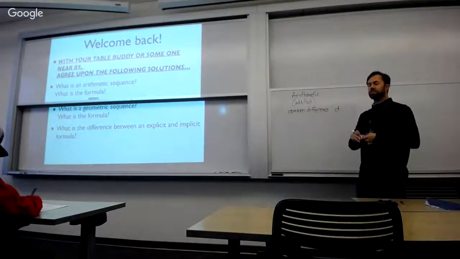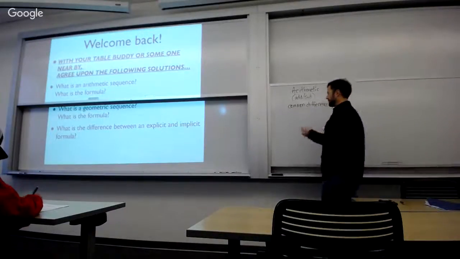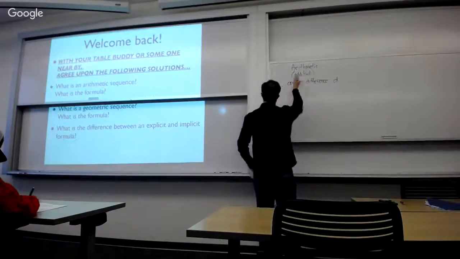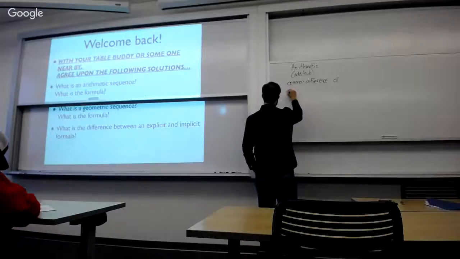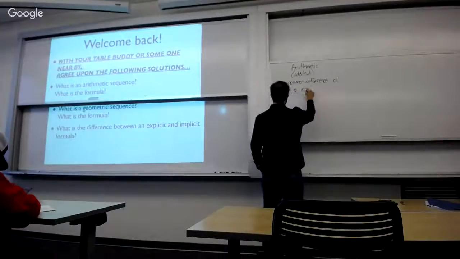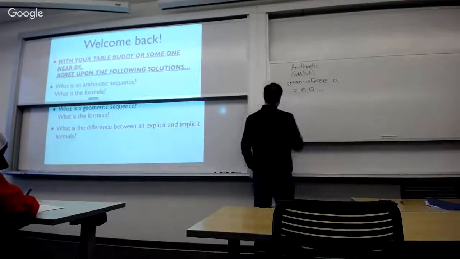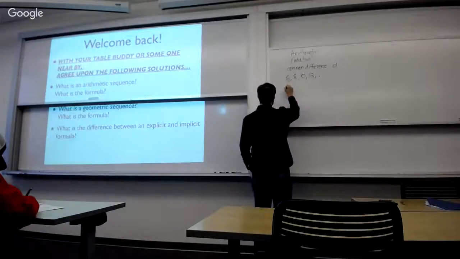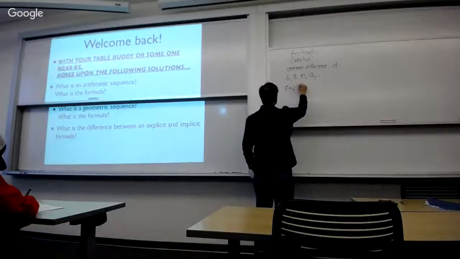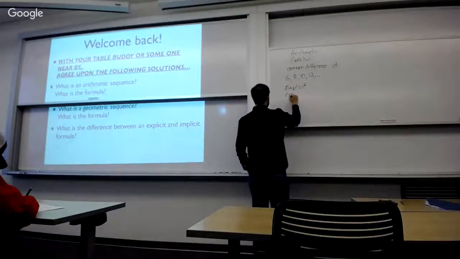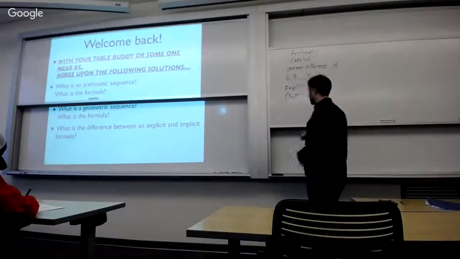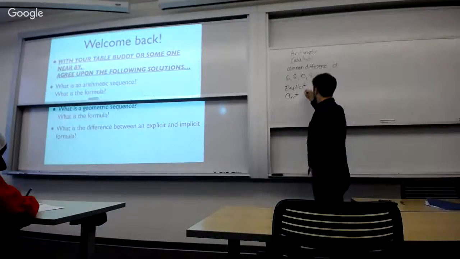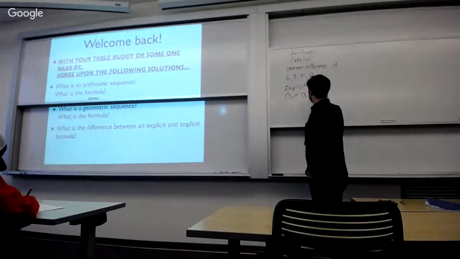And then what is the formula? The formula, that is for an explicit formula. Let's take a simple example of an arithmetic sequence, like counting by 2s starting at 6. So 6, 8, 10, 12, 14. That's an arithmetic sequence. If you want the explicit formula, what formula will give you the nth term? a sub n represents the nth term of your sequence, and it's the first term plus the common difference times n minus 1.